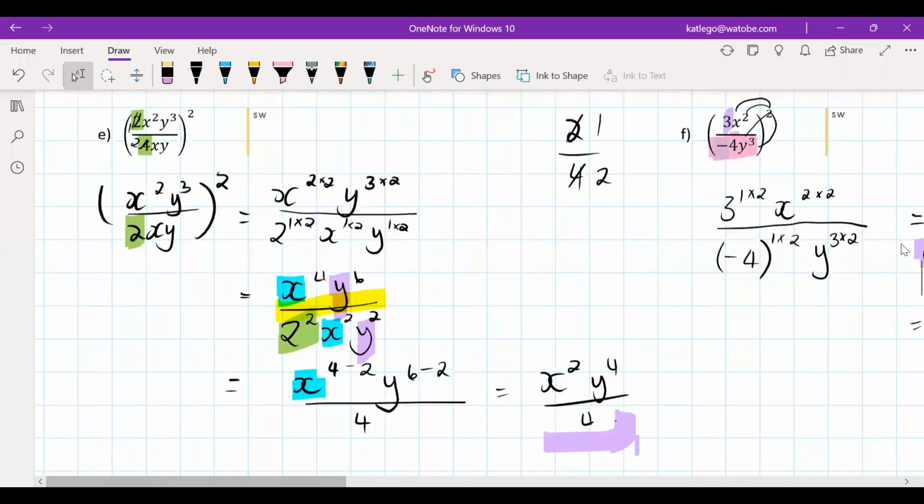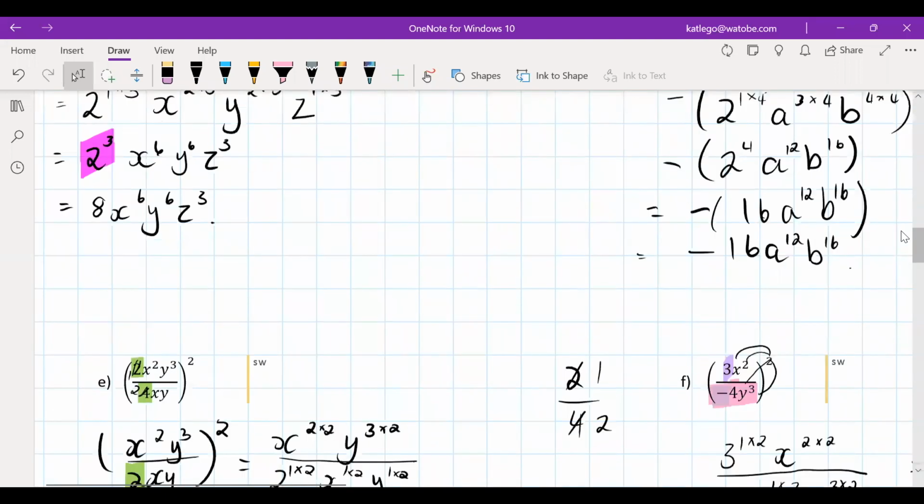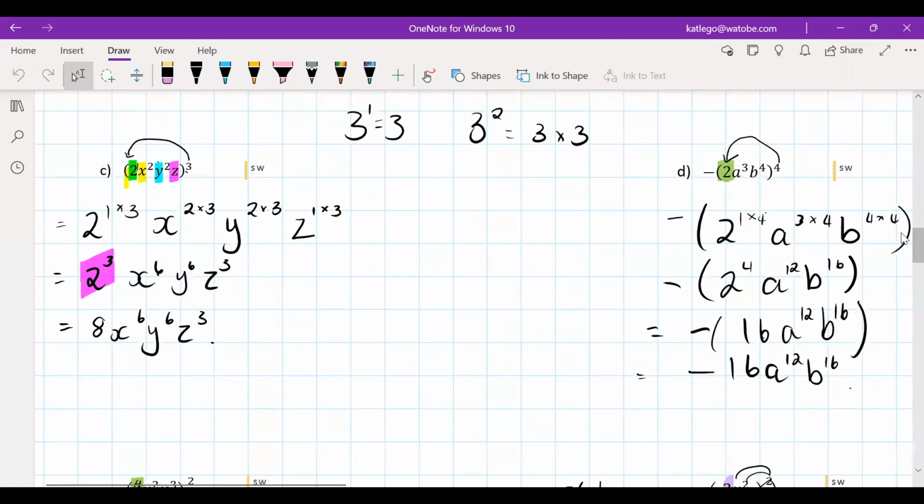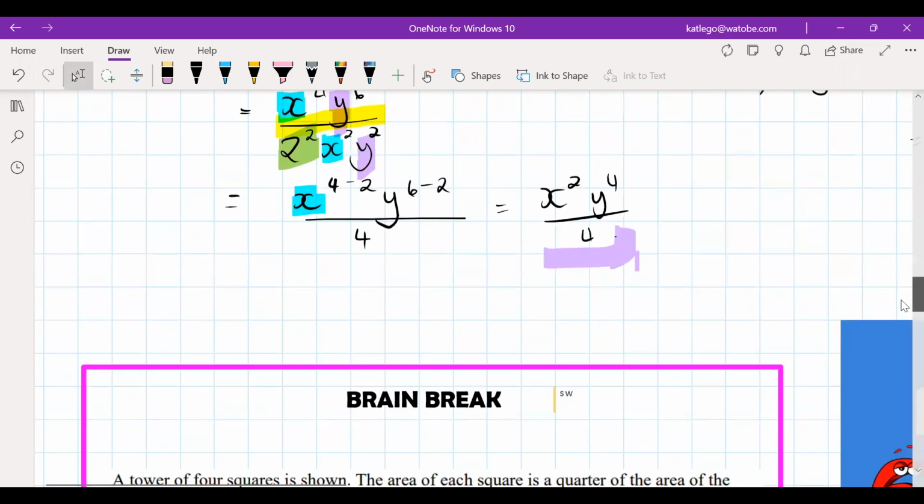Whereas with D, look where the negative was. Outside there. We left it outside. We did not apply the exponent to the negative. So you guys need to pay attention to where your negative is. It is very, very important.